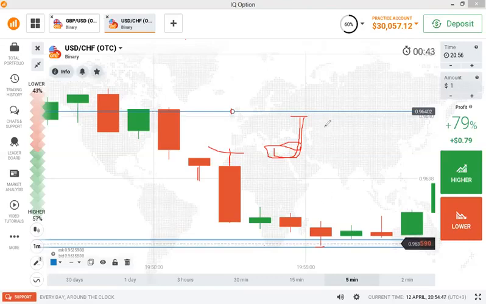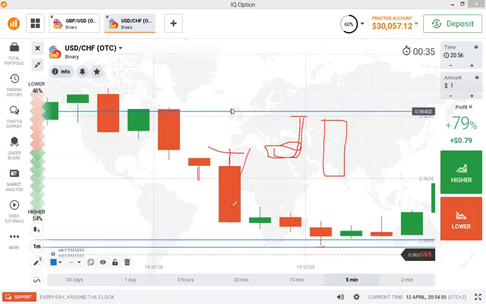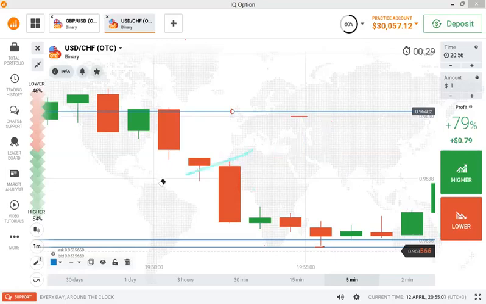Any long candle is a buying pressure. A long bearish candle here is a selling pressure. With this upper rejection, you should know the difference between buying pressure and selling pressure. There's no separate meaning for them. The rejection here can also be called selling pressure.